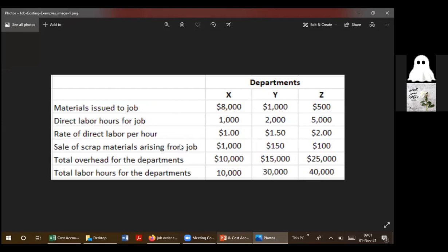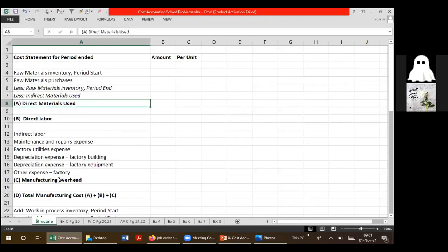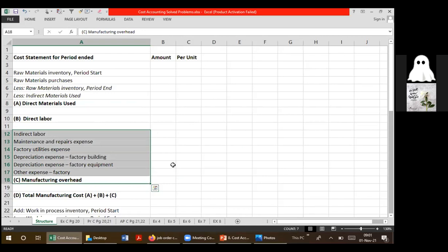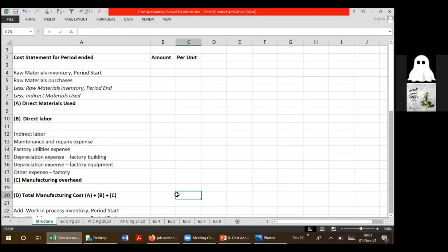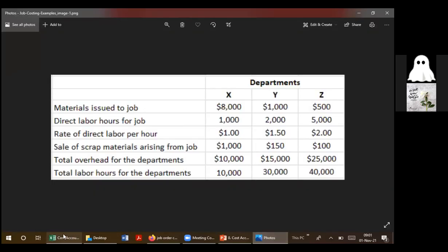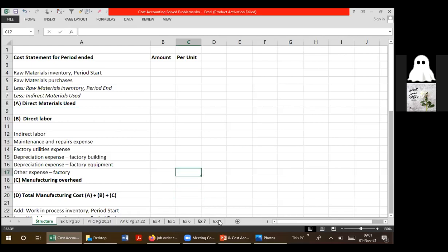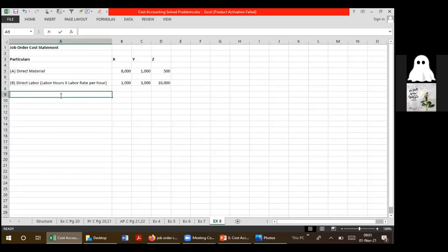Now, we do not have the manufacturing overhead, so we can derive it. You will take the total manufacturing costs, that is the total overheads for the department, $10,000, and then derive the manufacturing overhead. So next item is manufacturing overheads, which is not given.